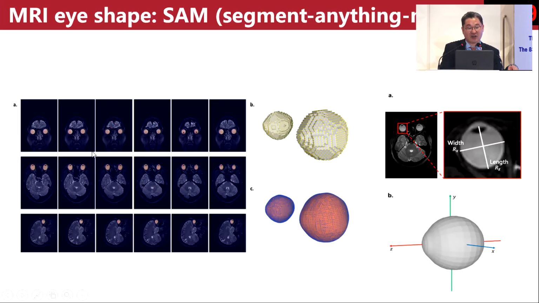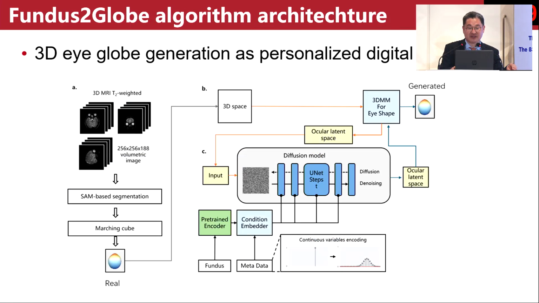So this is how we developed a segment-anything model that can easily segment the eyeball from the MRI scan and convert it to low resolution 3D images. I'm not going to go through the technical detail.